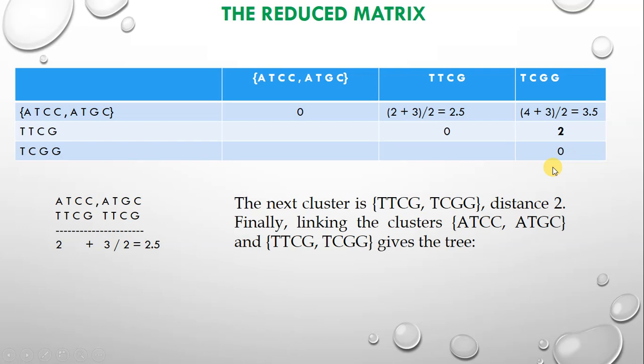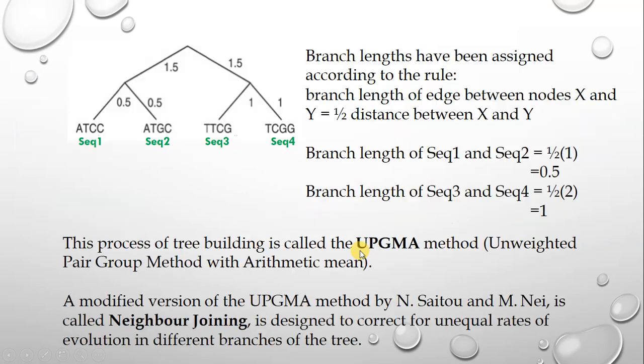So in the reduced matrix, if we see, the sequence 3 comes with a smaller distance, that is 2. The other distances are greater, like 3.5 and 2.5. So the sequence 3 will take a node with sequence 4. Okay, now the case has been solved and we will have this kind of tree: sequence 1, sequence 2, sequence 3 and sequence 4.